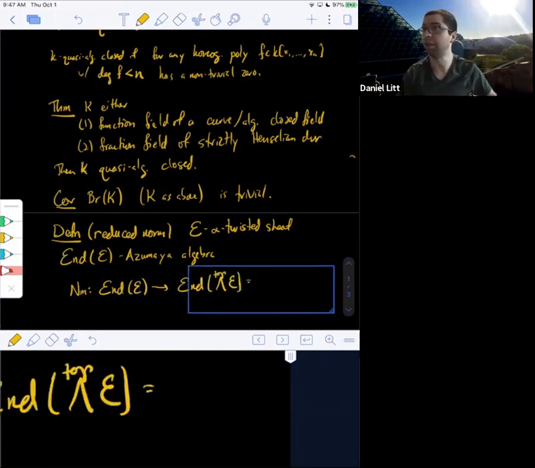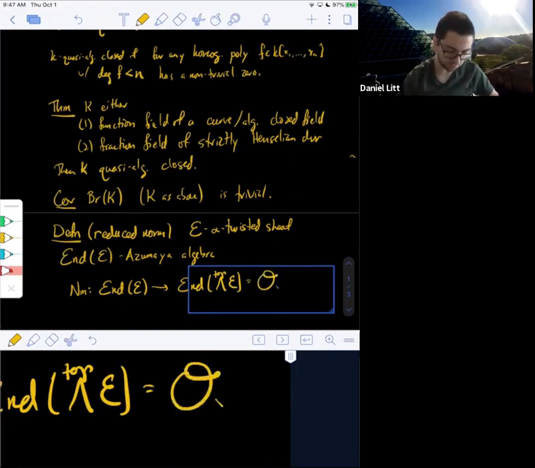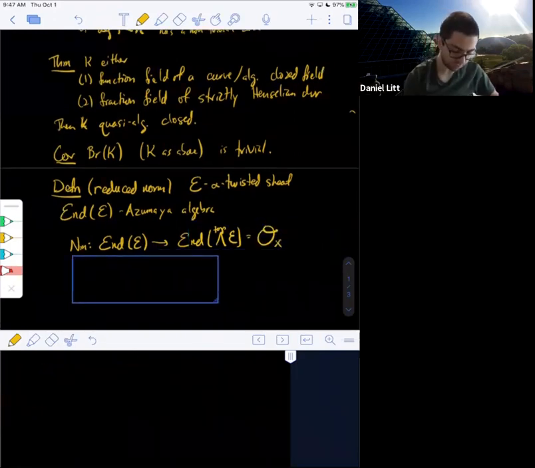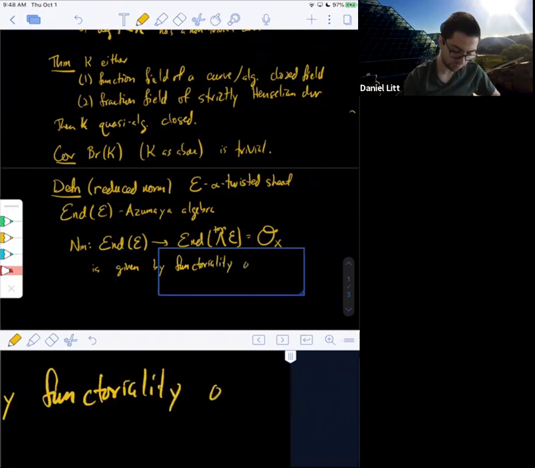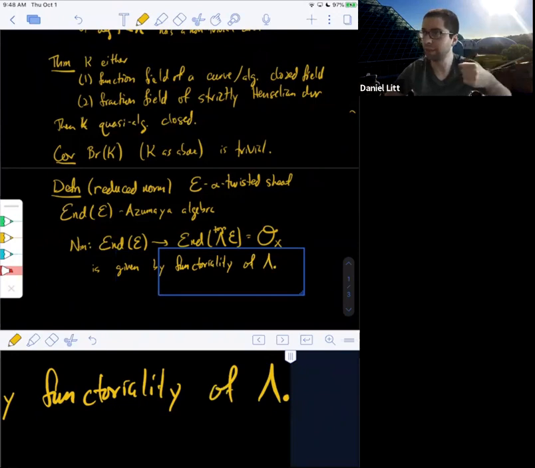This is a line bundle, and End of a line bundle is O. It's just given by functoriality of wedge. Given an endomorphism, you can take its top exterior power, and that's an endomorphism of the top exterior power of the thing your original thing was an endomorphism of. So this is exactly the determinant if E is a trivial vector bundle. Are there any questions about the definition?